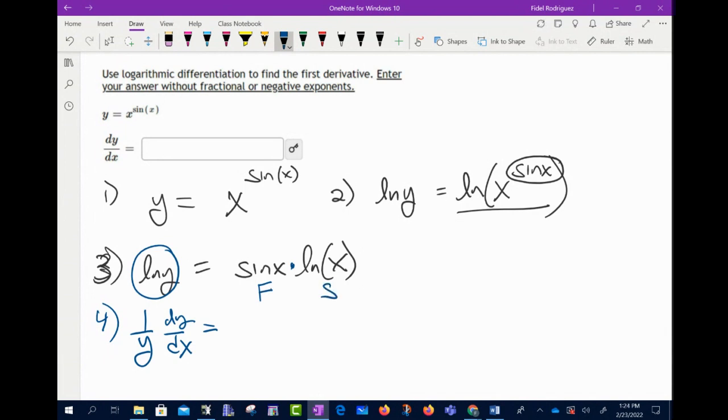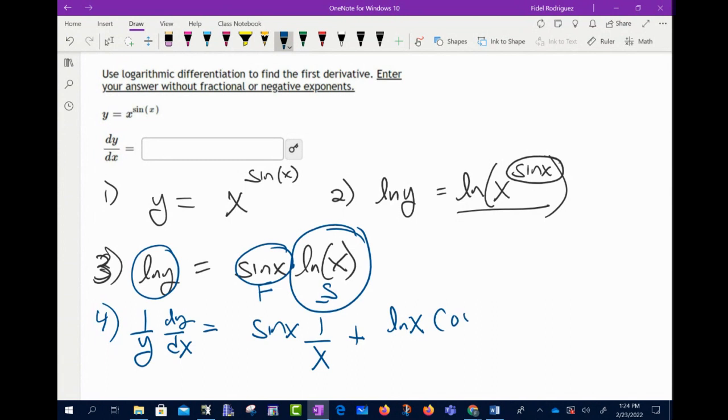When I'm taking the derivative of the product, it's always the first function times the derivative of the second. What's the derivative of the ln of x? 1 over x, right? Plus the second function, which is the natural log of x, times the derivative of the first. What's the derivative of sine of x? There you go.